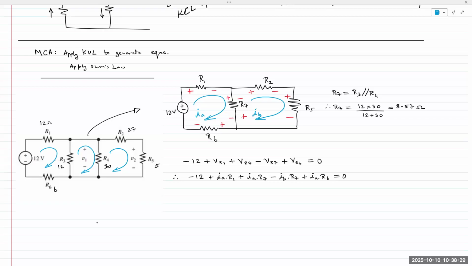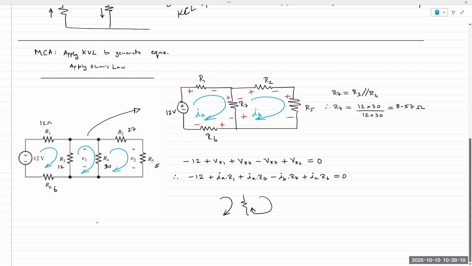And is one of the reasons it's opposite, is it because we had a parallel combination and we reduced it? The answer is no. Anytime we have a shared branch, the shared branch will have two hypothetical mesh currents flowing through them. If we have two currents flowing through them, if both the currents are in the same direction, then instead of being plus and minus, you add both of them up. So if I had chosen, just hypothetically speaking, if IB, this is IA right now, and IB was flowing counterclockwise, right?